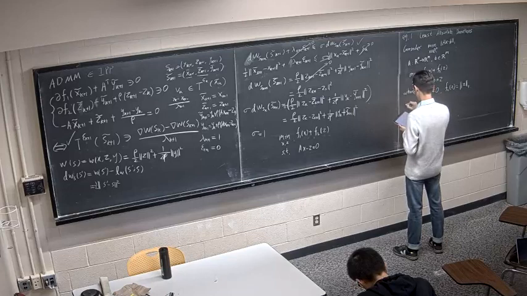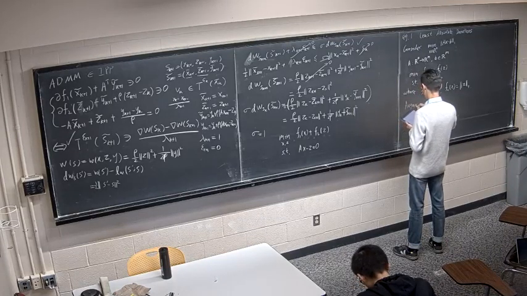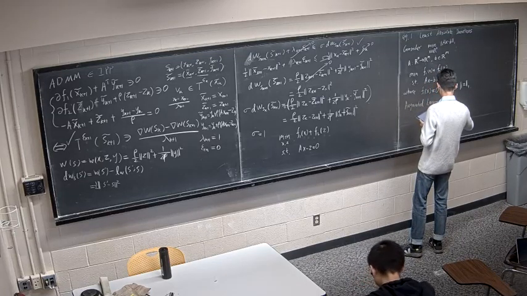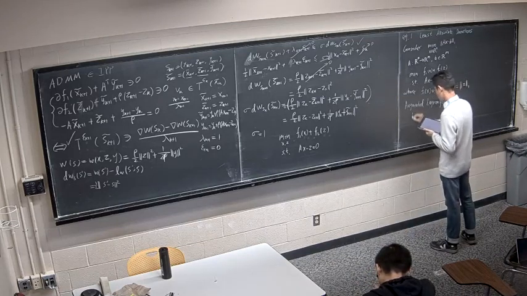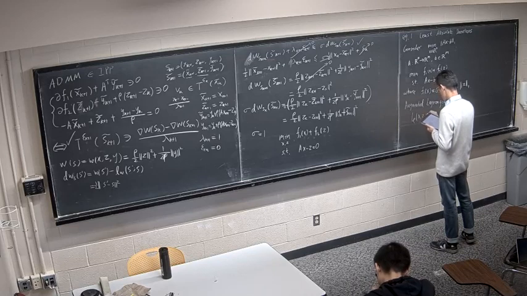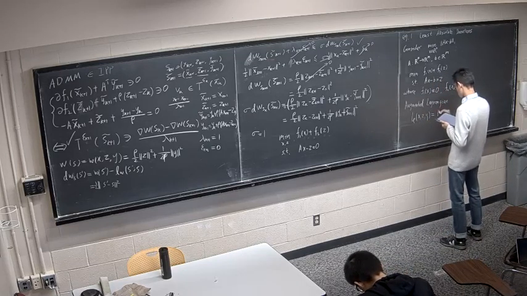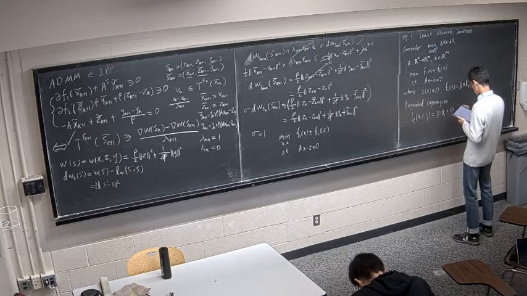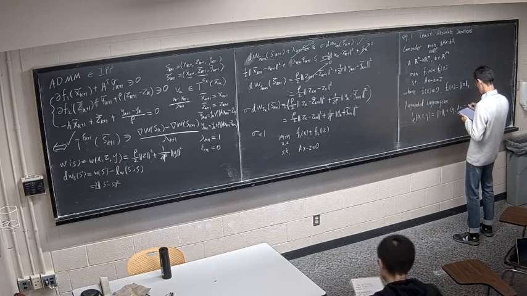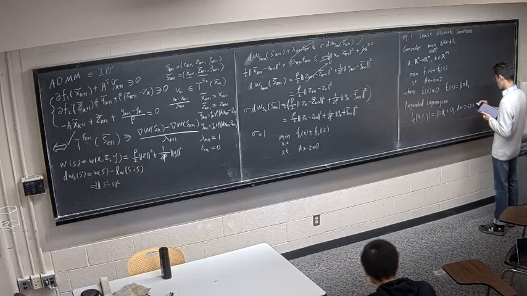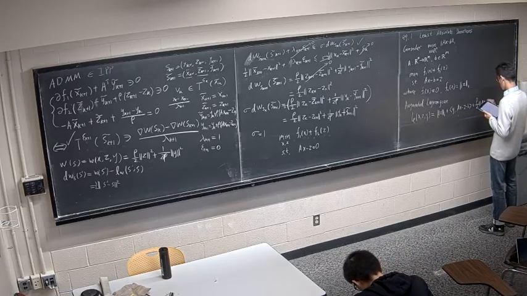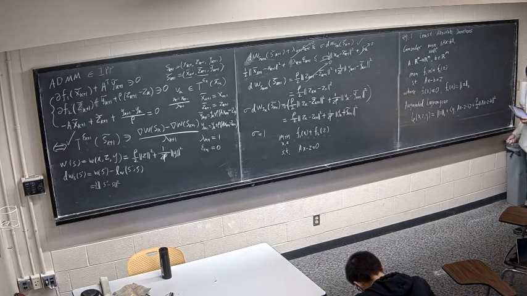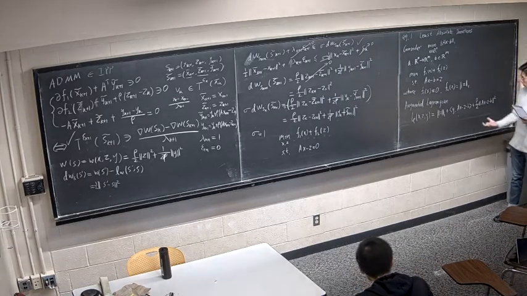And now let's formulate the augmented Lagrangian. So we first dualize the constraint and then penalize the constraint.